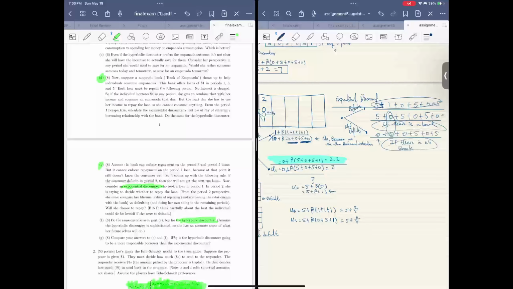Oh, so the exponential discounter will actually default. Yeah, they will default. 5 plus 10 plus 1, 16. Yeah, 16 is greater than 15. Yeah, the exponential discounter will default.